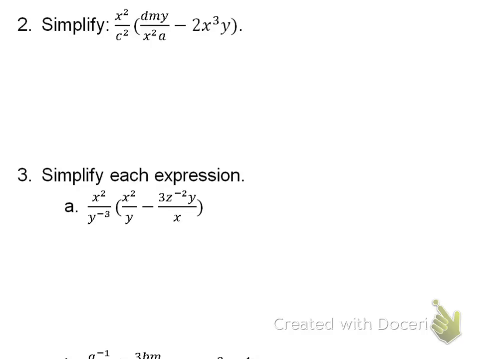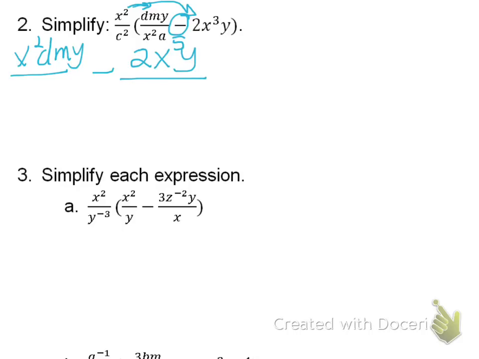So moving on to another example, this time we'll distribute all the numerators first. So we have x squared times d times m times y, and then we have a subtraction sign here. And then we have 2. X cubed and x squared will become x to the fifth because we add the exponents, and then y.